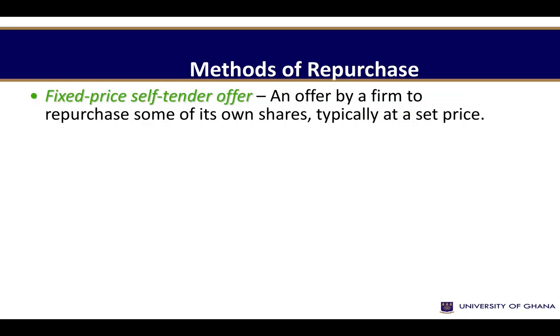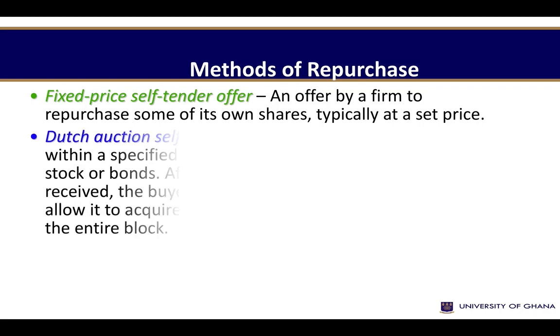Now, how do they go about the repurchase if they decide to do so? There is the fixed price self-tender offer, which is normally an offer by a firm to repurchase some of its own shares, typically at a set price.